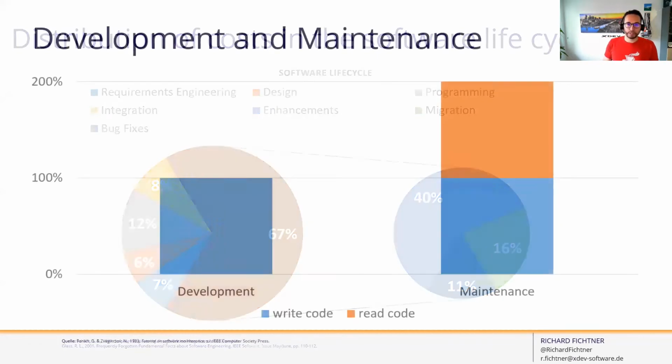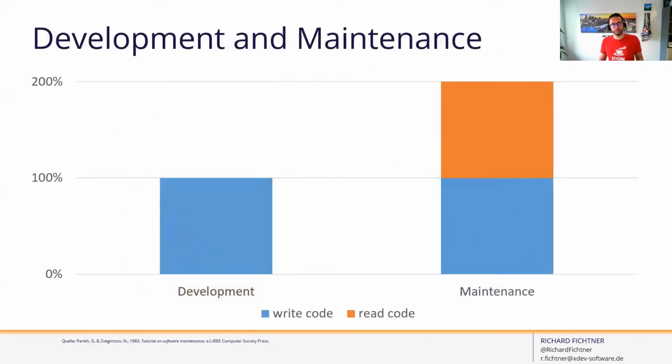And this is easy to see because when you develop something new, there's nothing you have to work with. This is a greenfield thing. You can start right off and you don't have to read anything. So all your work is write the code, do the features, you're done. If you have to maintain something, which means there is an existing software and maybe it's older than like 2 weeks, you have to read the code that you or your colleagues wrote before and figure out where to put your pieces.